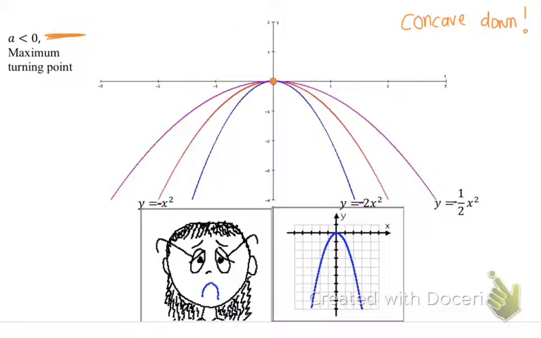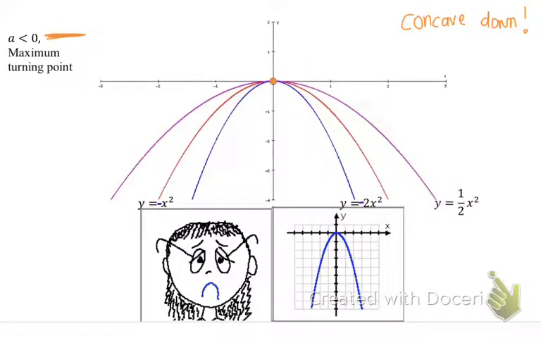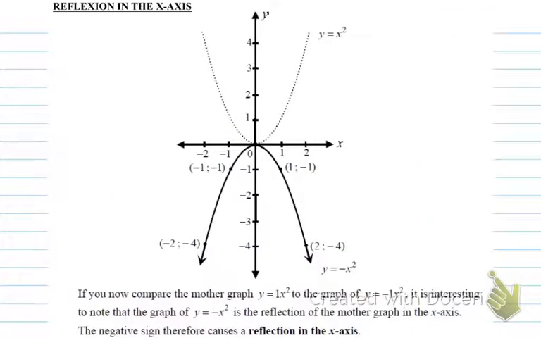So the lower the number, if it's a half, ignore the negative, the wider the arms will be. Here I have negative a half, negative 1, negative 2. So the higher the number, the closer the arms go to the y-axis.